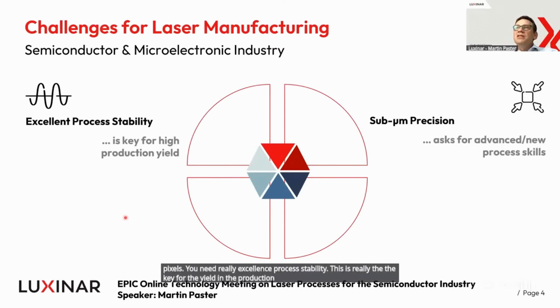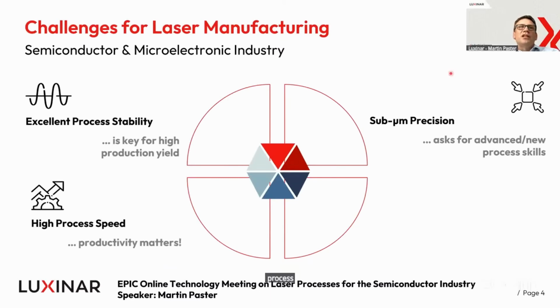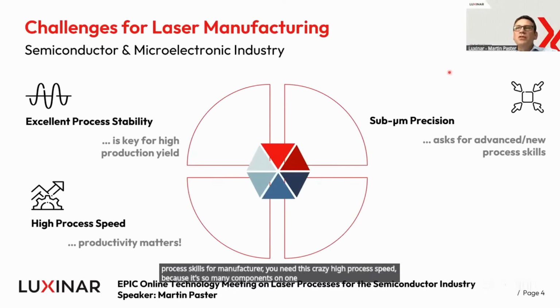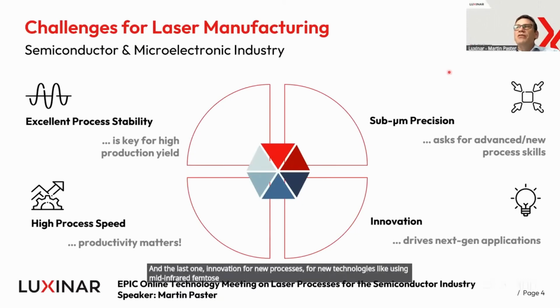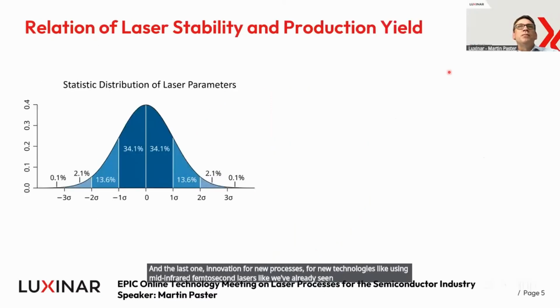You need this very high submicron precision, and this asks for advanced process skills from a manufacturer. You need this crazy high process speed because there are so many components on one device. So here productivity really matters. And the last one, innovation for new processes, for new technologies, like using mid-infrared femtosecond lasers, like we've already seen before.